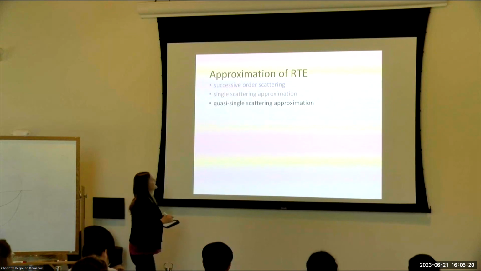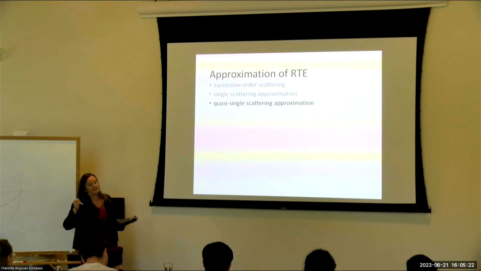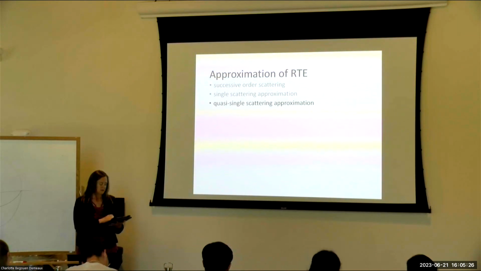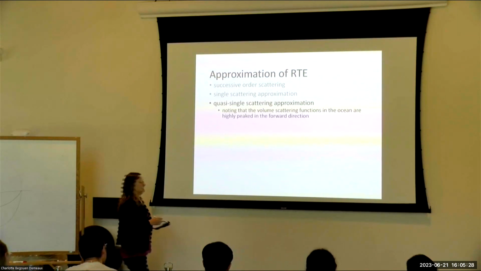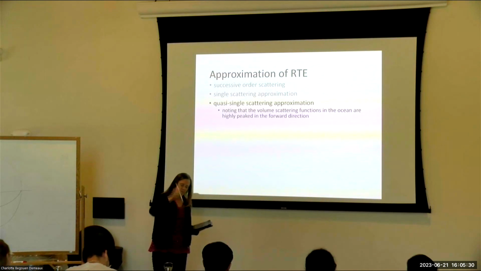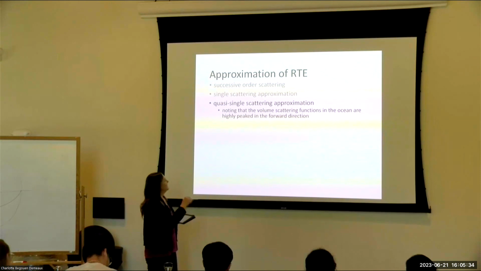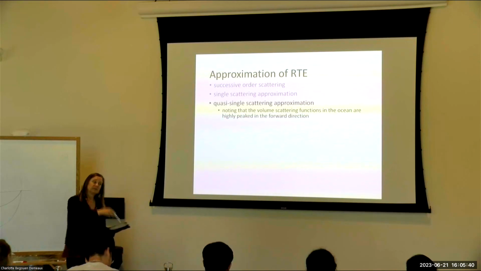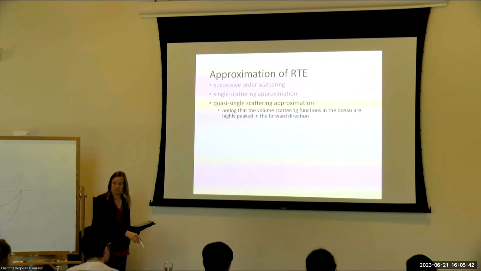So then we make this other assumption. If you're going to make that approximation, then I'm going to make a further approximation. If you have a radiance coming down and it hits a particle, the volume scattering function is usually pretty forward peaked, and so a lot of the light is getting scattered downward.